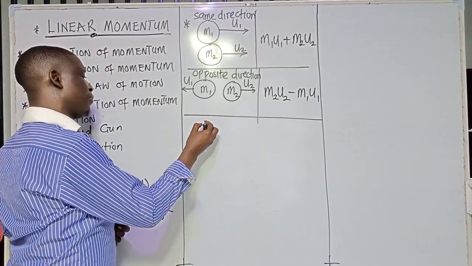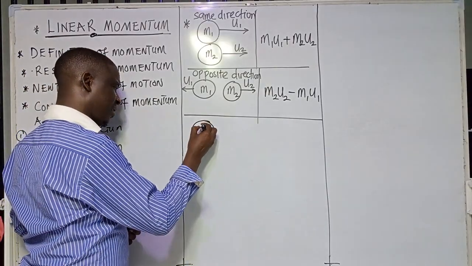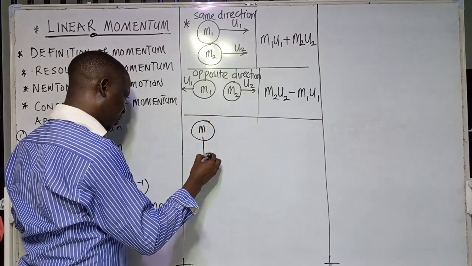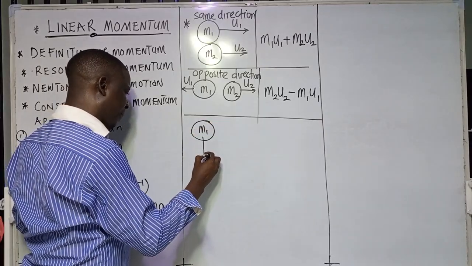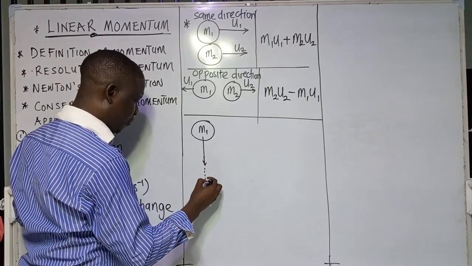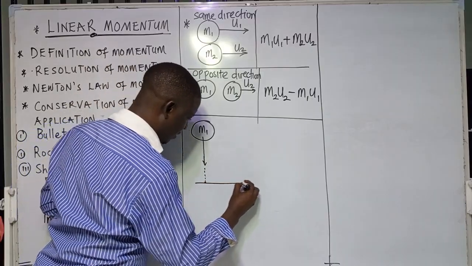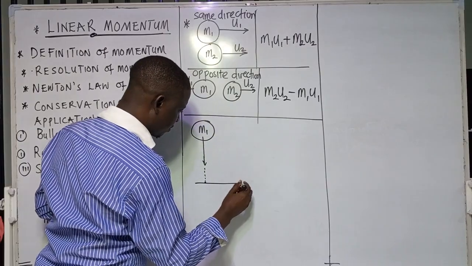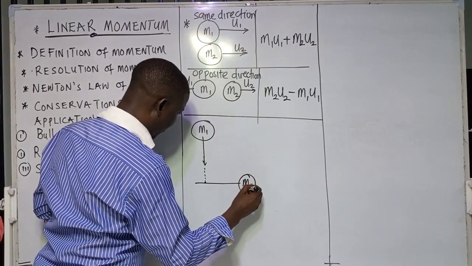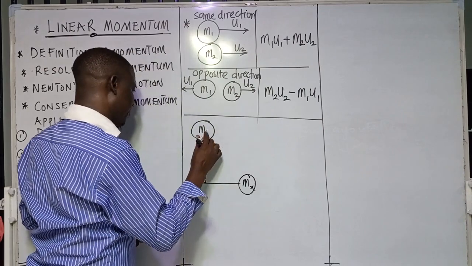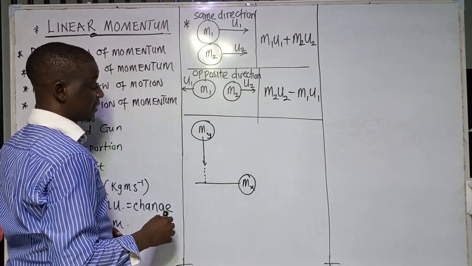Now, probably one mass m1 is approaching the equilibrium position, and the other one, let me call this one mx, and this one my along the vertical.